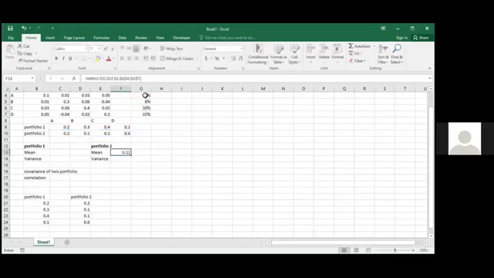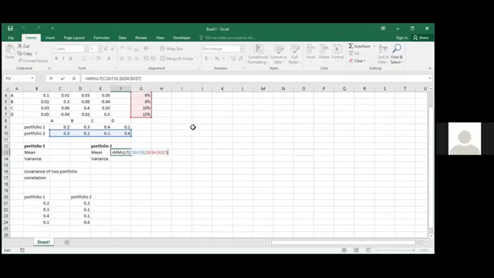Then we get the answer here, 12% rate. 12% rate. You can check now, the equation was MMULT C10 to F10, then multiplied by the G4 to G7 values.